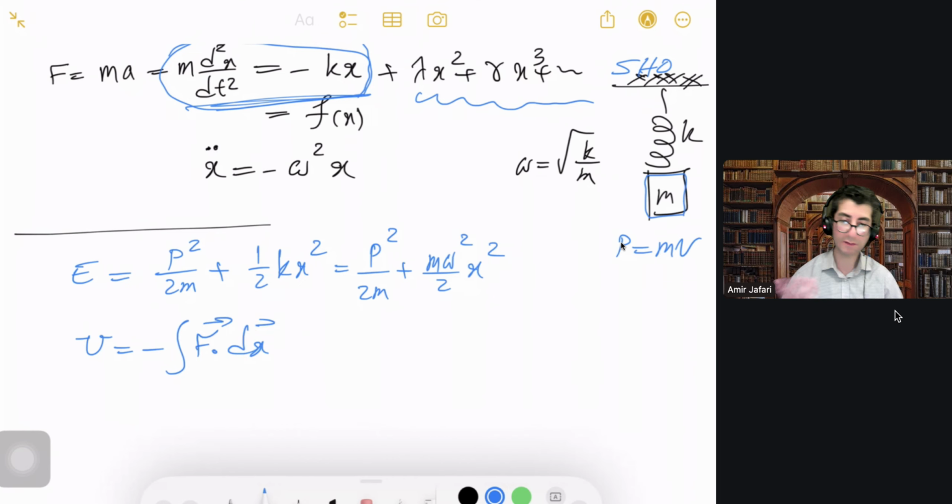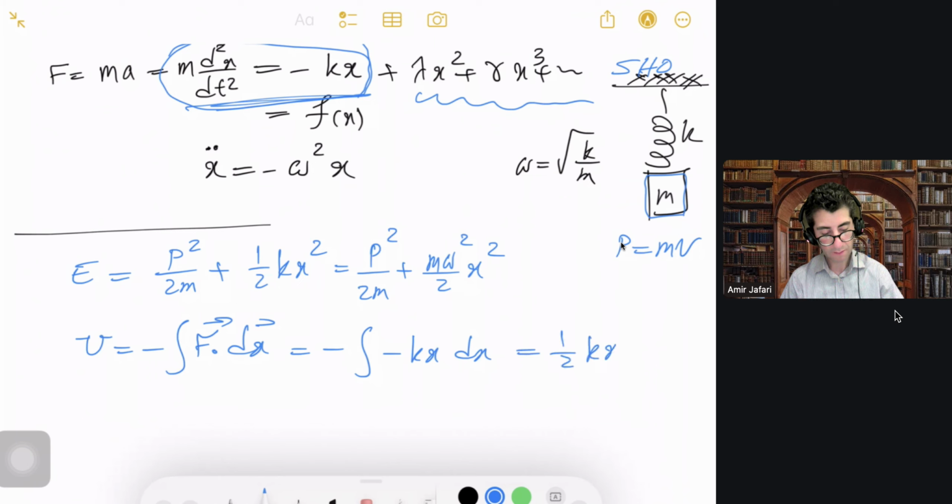In general, this is the definition. And because F is the external force on the mass, minus kx dx. So from here, and because k is omega squared m, you get (1/2) m omega squared x squared, which is this.